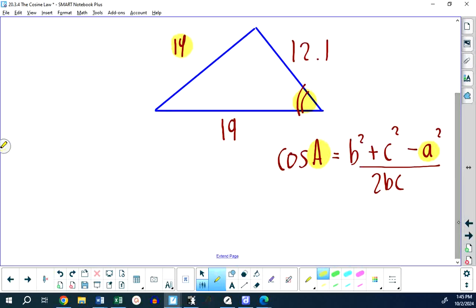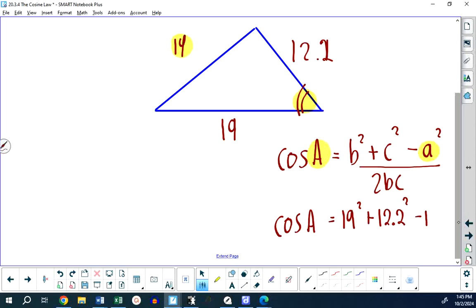And all you're going to do is write cosine of that angle is 19 squared plus 12.2 squared minus the 14 squared over 2 times 19 times 12.2.